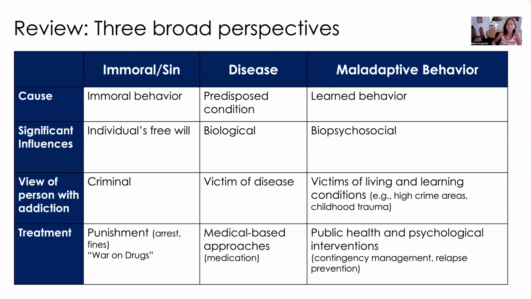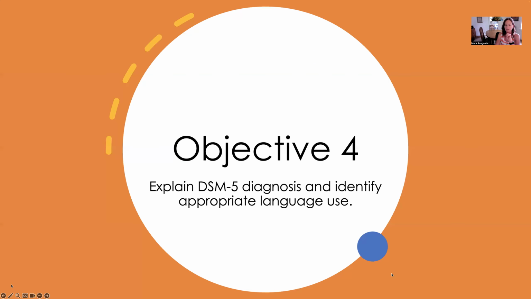Again, they're victims of living and learning conditions, high crime areas, childhood trauma, etc. And public health interventions and psychological interventions are what's going to be successful there. We'll talk a little bit about contingency management, creating a set of rewards and punishments that influence addictive behavior. And we'll talk about relapse prevention. It's a psychological intervention.